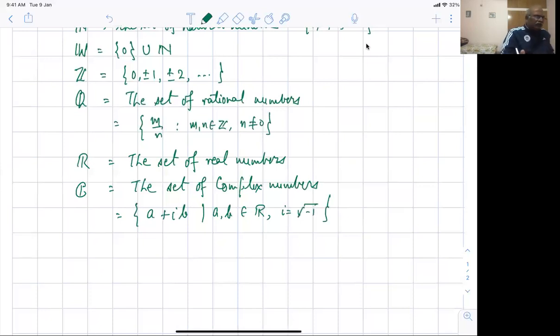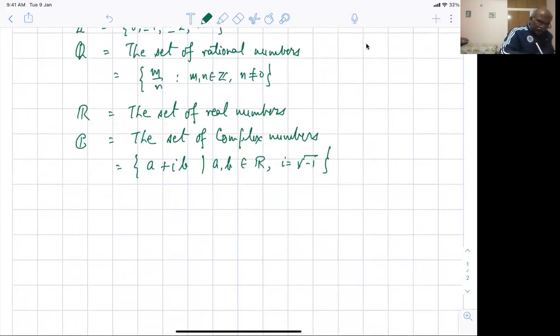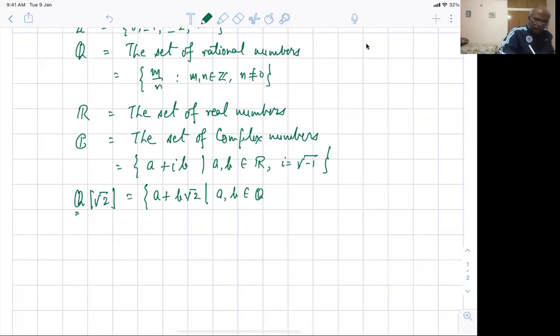Whatever you can understand, that's the idea we have. And another thing, I may use this once in a while, but not in general, Q root 2, which is again a plus b root 2. Now here we put the restriction that a and b are in Q. So Q means rational numbers. Is that okay? So that's the way we put it.